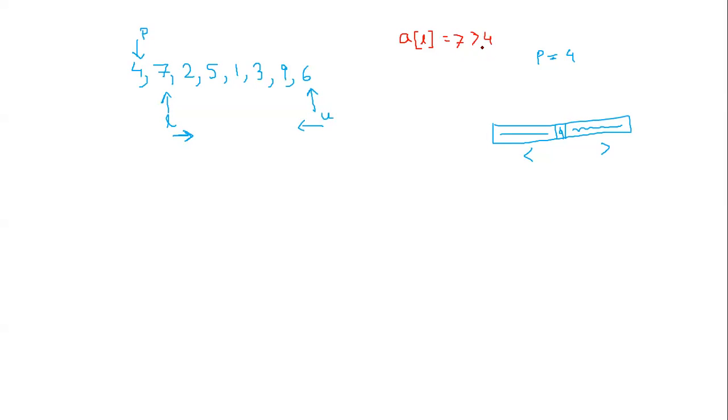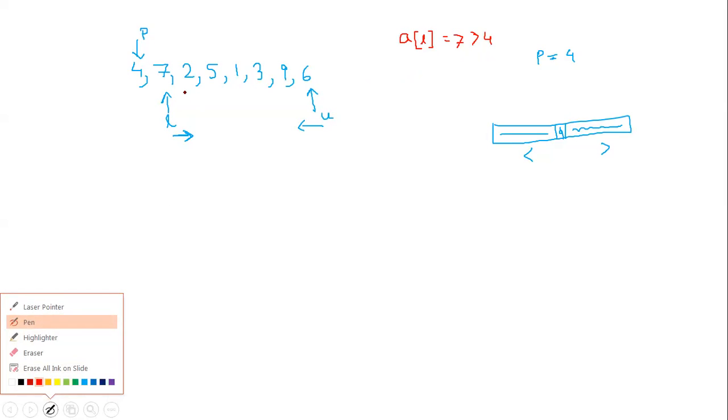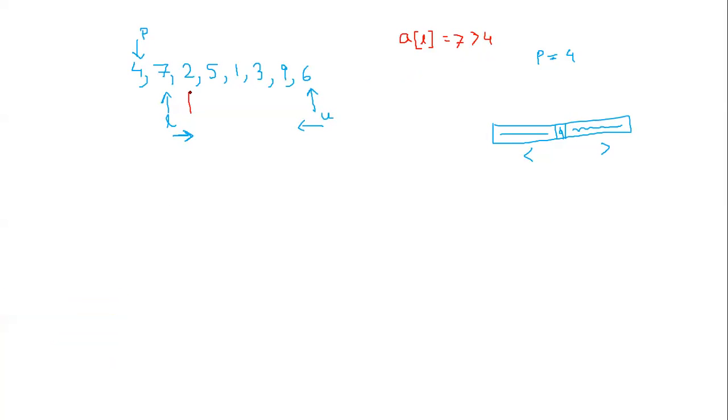Right? So if it is greater, I will continue moving L towards the right. That means L will be equal to L plus 1. So now L is currently pointing over here. And I will stop if I find a value which is lesser than 4.